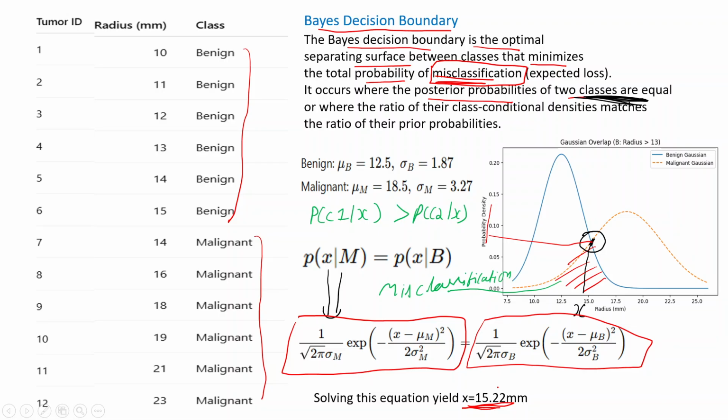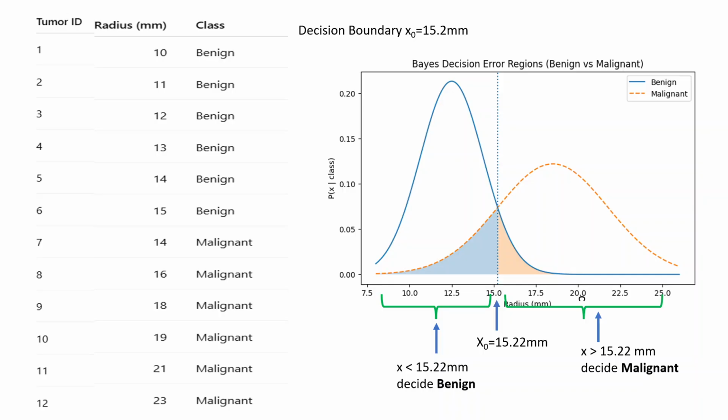What conclusion are we trying to draw by calculating that 15.22? This point is where the decision is going to happen in the Bayes classifier. If any x naught value, that is the input feature value, is less than 15.2 mm, we are going to decide it as a benign case.